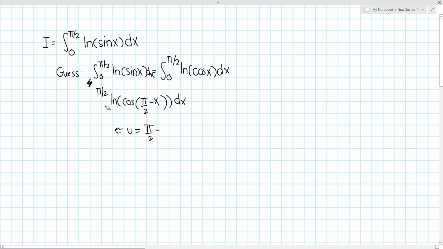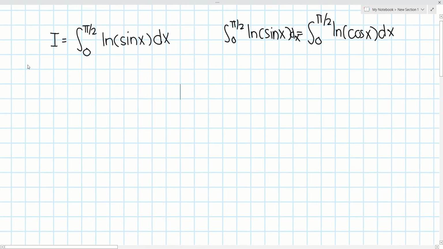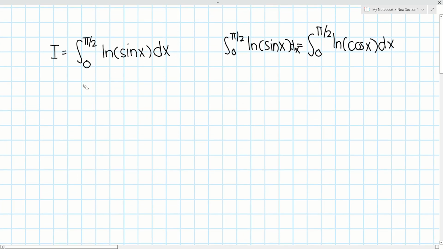So we have this property now. We can set this aside. Okay, this is our function. We wanted to introduce a cosine x, so how do we do that?